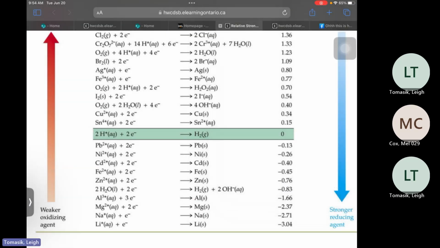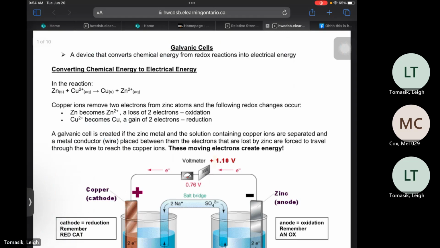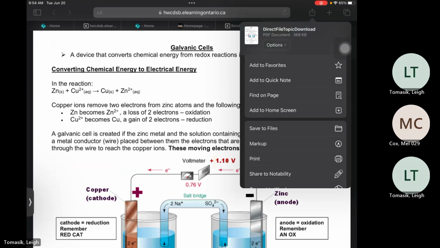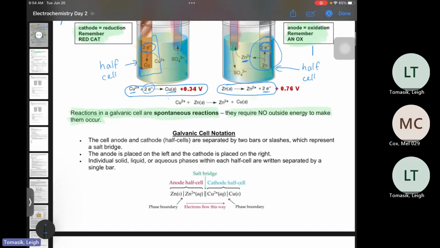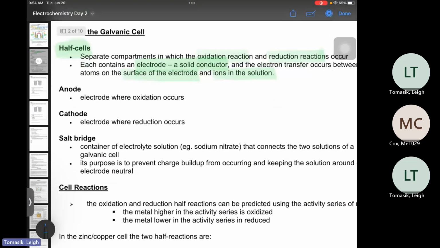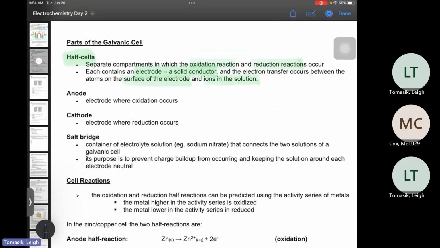Okay, so going back, those are the half cells. Let's just re-review. Half cells are separate compartments, separate containers, in which the oxidation reaction and the reduction reaction occur.